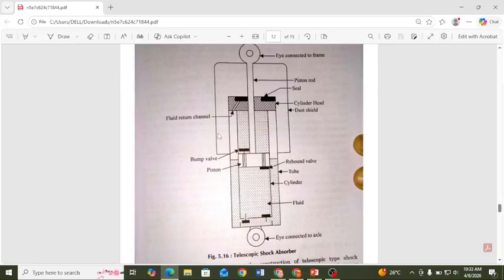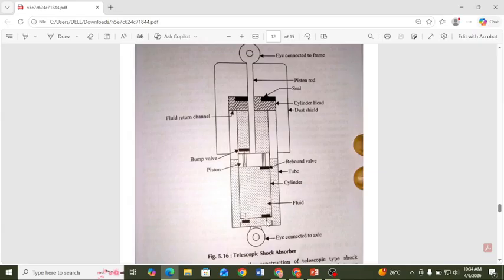Then this is a dust seal. This is the rebound valve, and then the bump valve, shown in black. There is an opening and closing piston with inlet and outlet, just like the working of an IC engine in four-stroke or two-stroke.